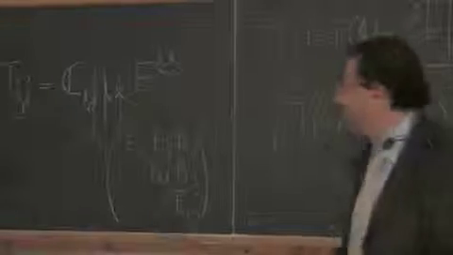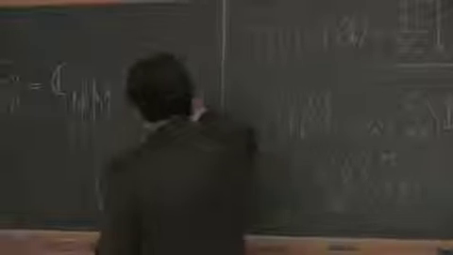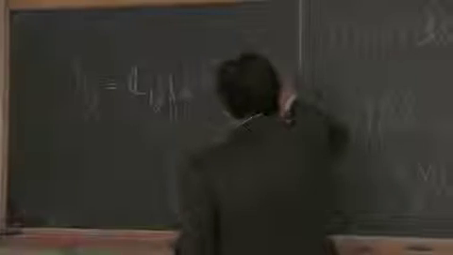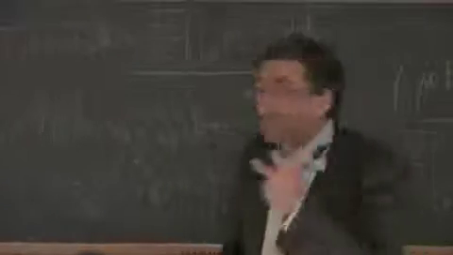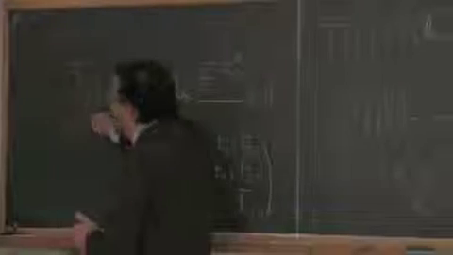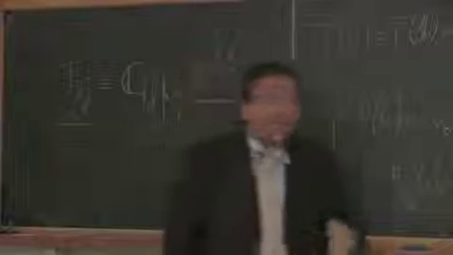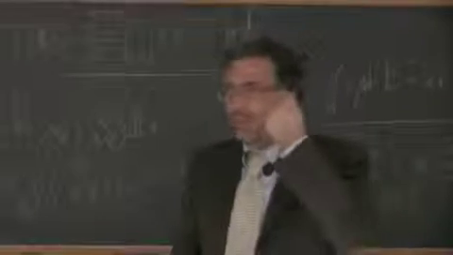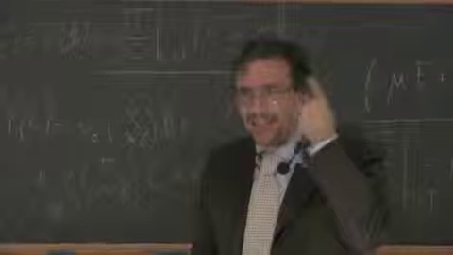Why? Because you immediately discover that you have 6 times 6, 36 components of C, simply because this animal is symmetric and this animal is symmetric. However, we are starting with an energy.